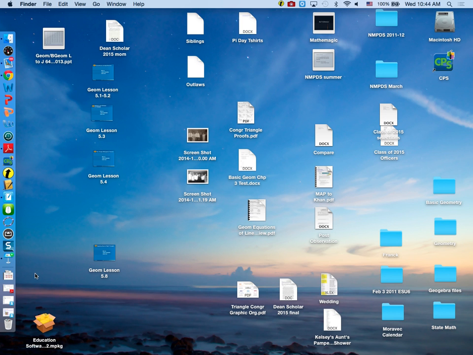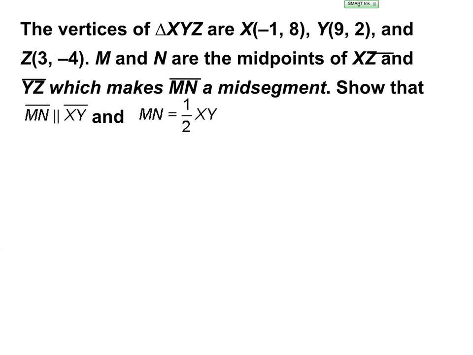All right, so I need to find, or you need to help me find, the coordinates of M and N. Okay, M, it says, is the midpoint of XZ. And then N is the midpoint of YZ. How do you find a midpoint?